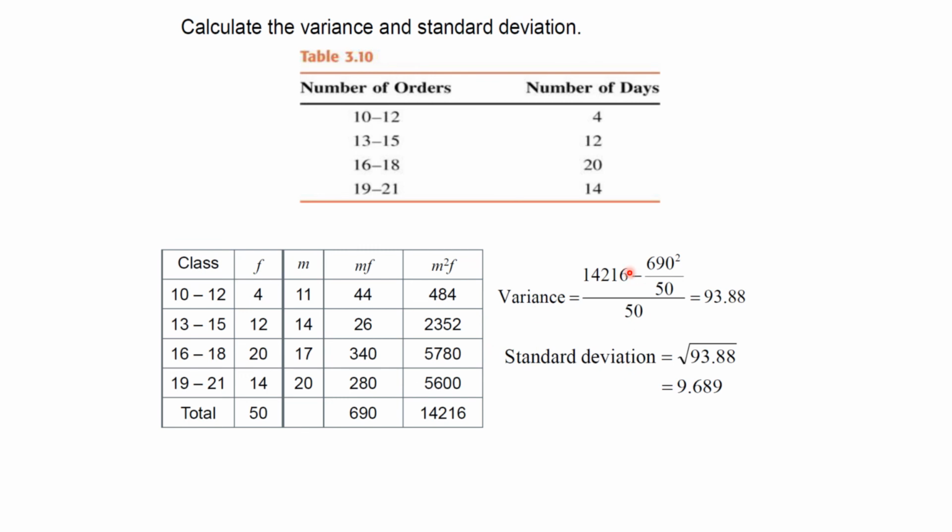You use your calculator and you get this value, and the standard deviation is of course the square root of the variance, which is 9.689.